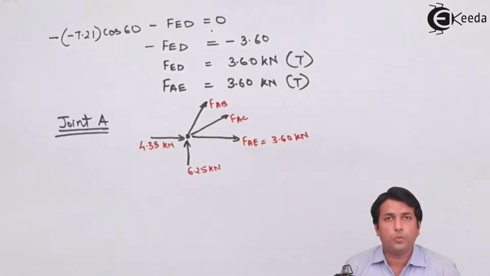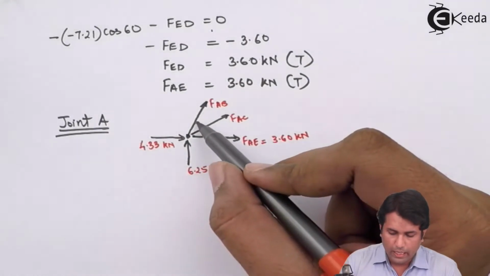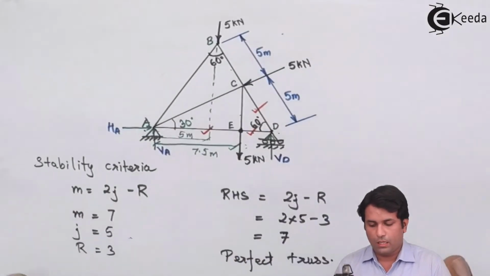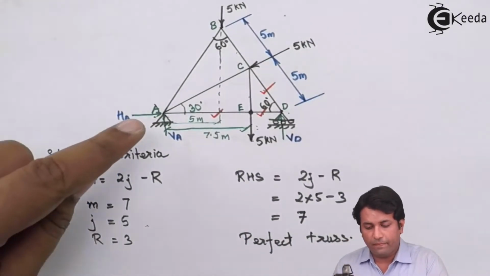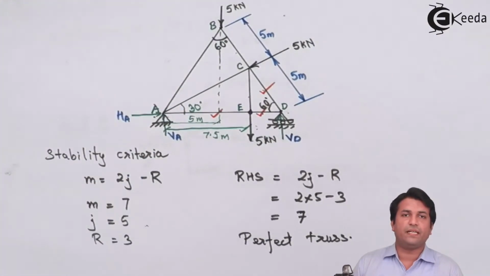Now, what I need to do in this, I just need to find out the angles over here and apply the condition of equilibrium. I already know the angles. The angle for AC is 30 degrees, whereas for AB is 60 degrees.